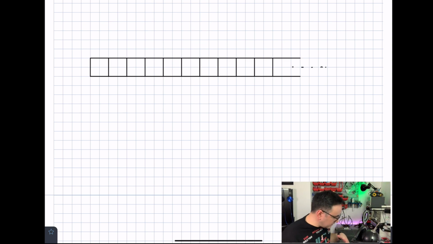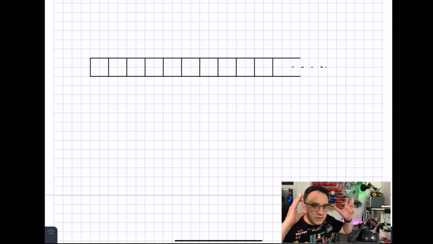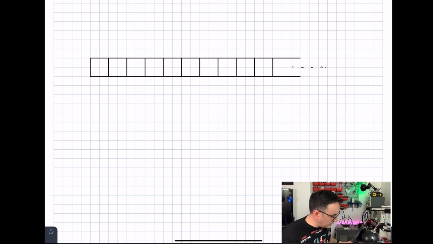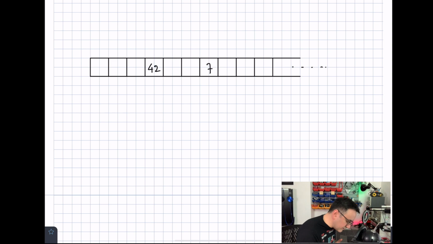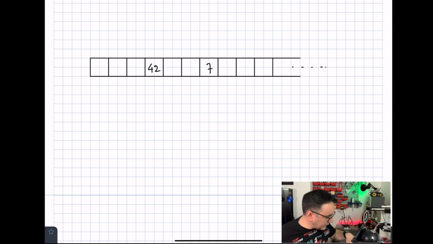Imagine in your head something like that. If I have in this position the number 42, for example, and in this one the number 7, how do I get to that number? Well, because the memory has a memory address. You can pinpoint every single memory cell by its address.